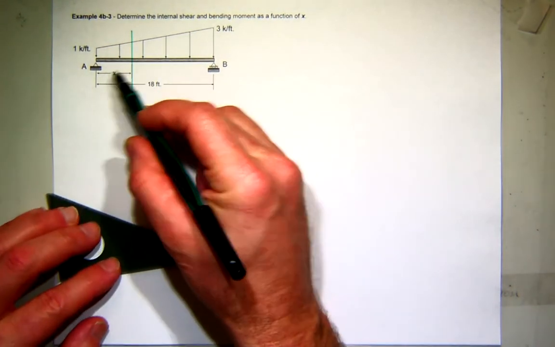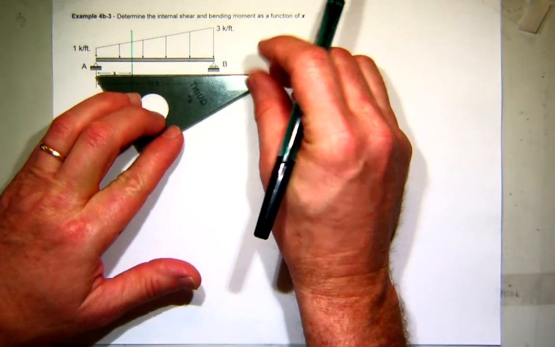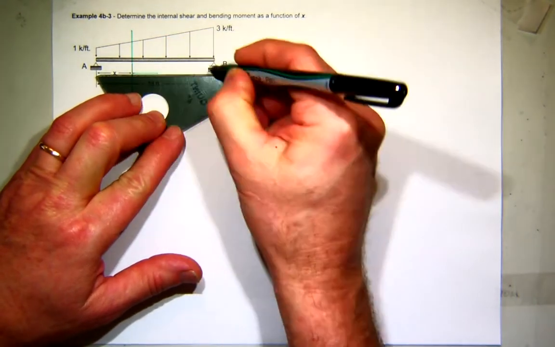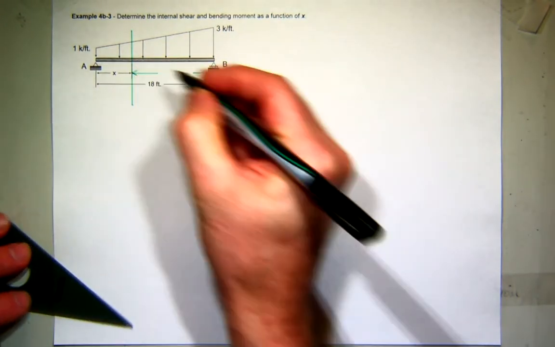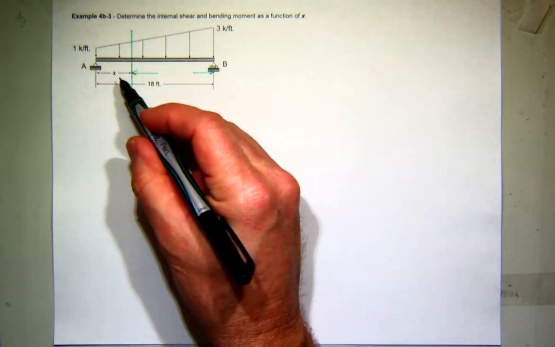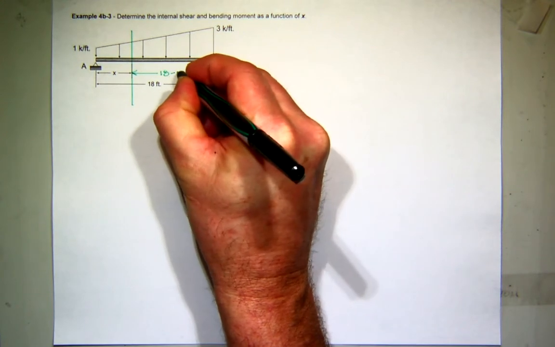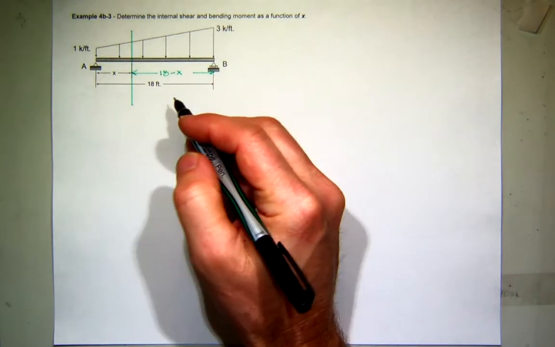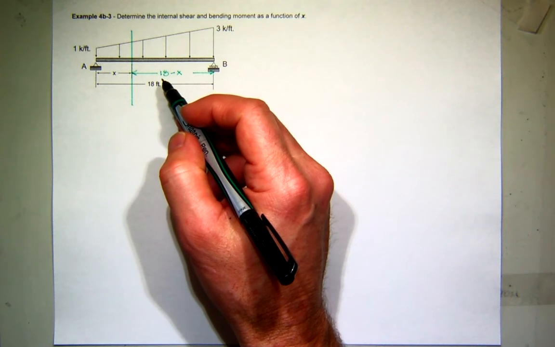If I cut the structure at some distance x, the length of the segment on the right would be how long? Would be the total length minus x. In this case, that would be 18 minus x. So I know that dimension. Let's see what else we need to do.